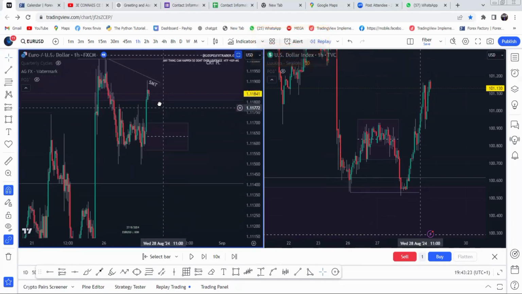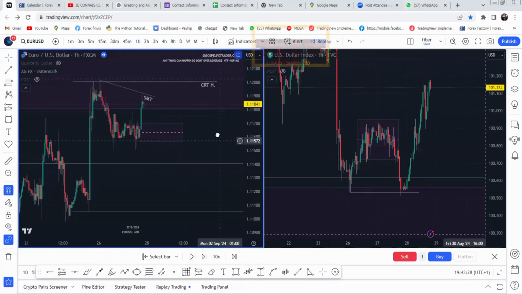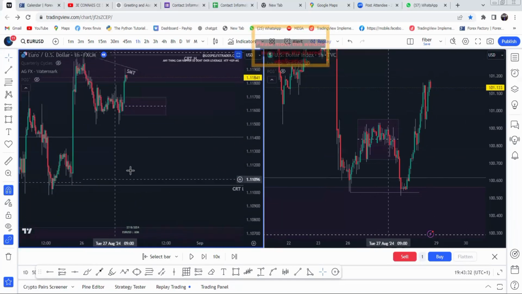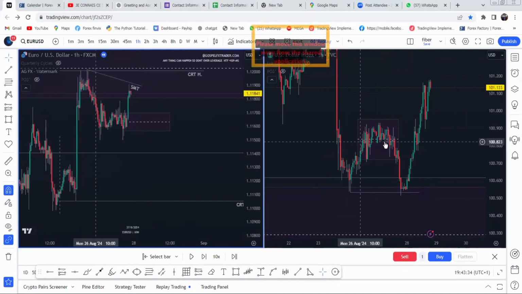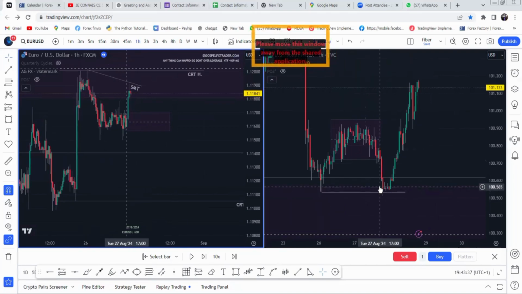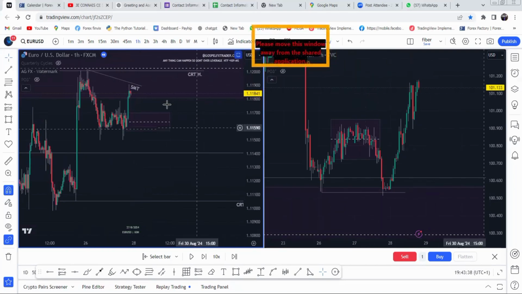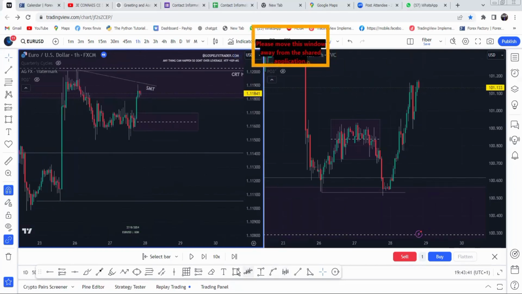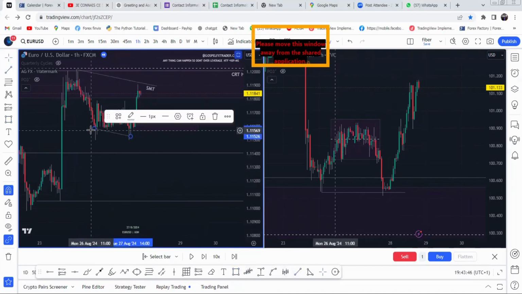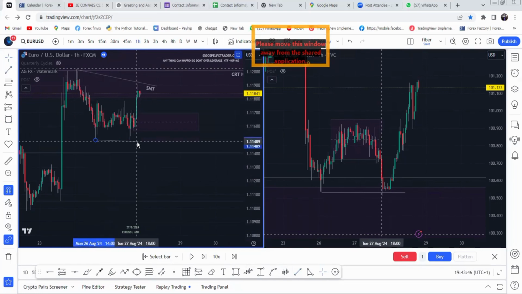Remember, price has already taken the high of our CRT, and what we're expecting now is for price to come take the low of that particular CRT. And also we have found SMT divergence, double confirmation, and also we are now seeing something like an AMD because price accumulated here and then it left us with very tight equal lows at this point, right? So which means we are also expecting price to come down and clear this equal lows.